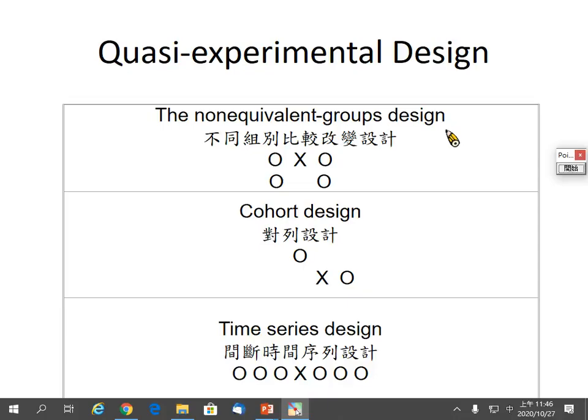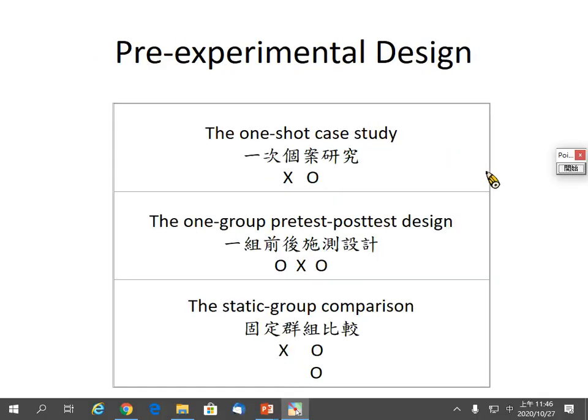We only want to know what. Is that right? So now, if we only want to understand what it is, then we have a set of experimental designs we call pre-experimental design. That is before, there's nothing related to experiment. When we want to do an experiment, we have an experiment group and a control group, right?